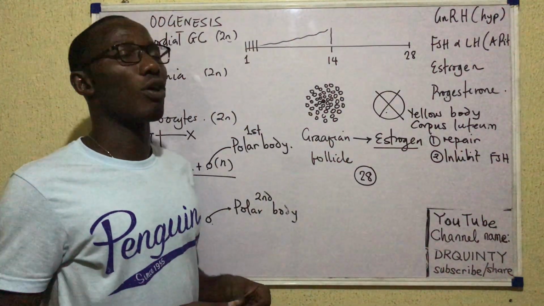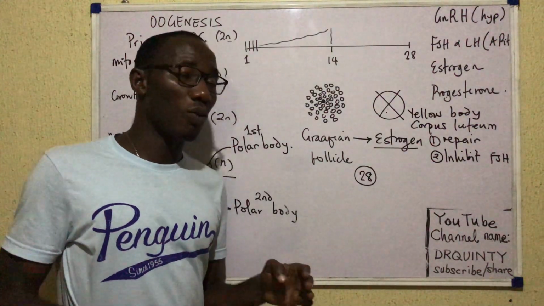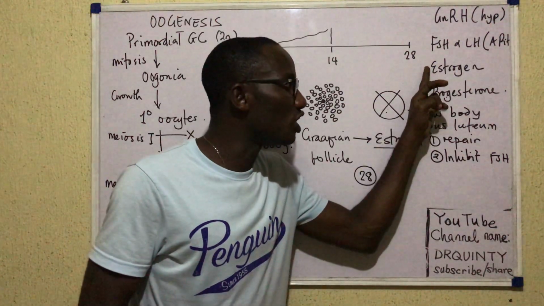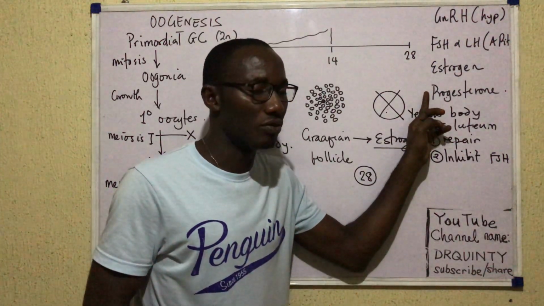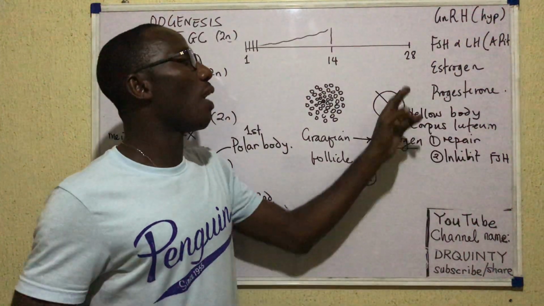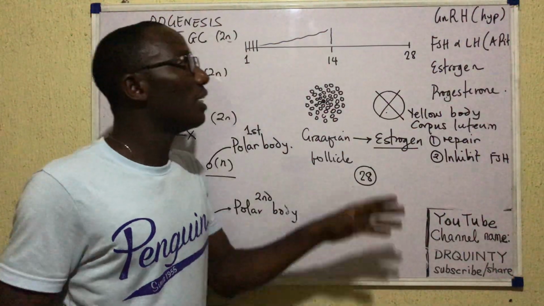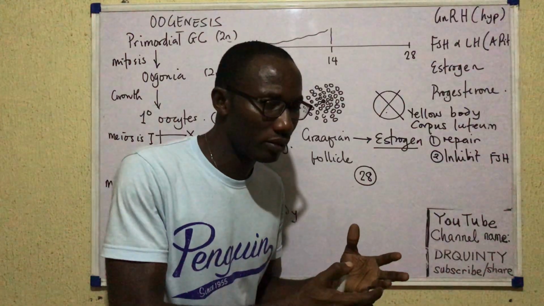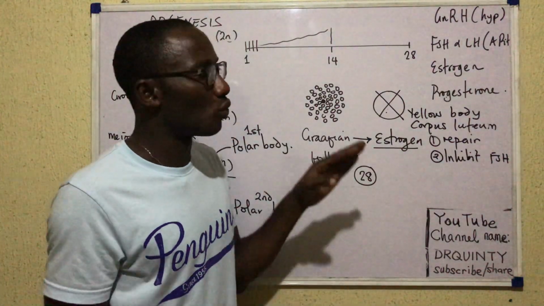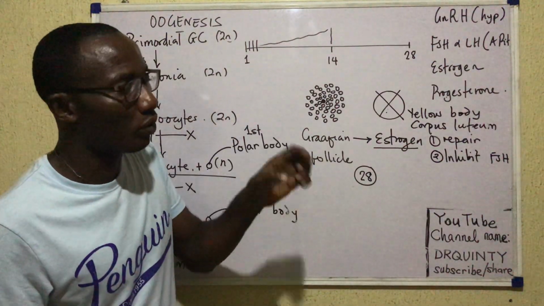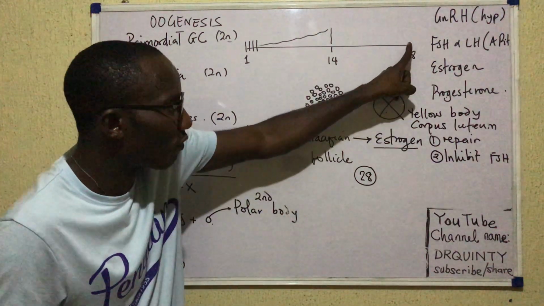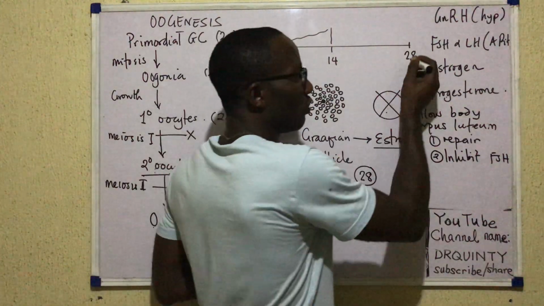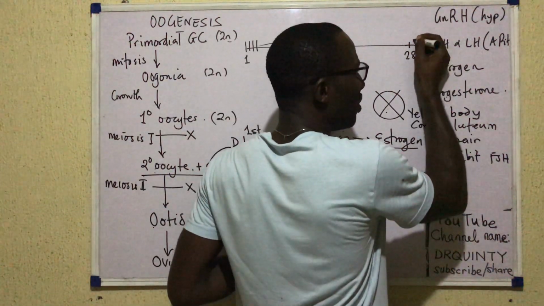Once the corpus luteum goes away, levels of estrogen and progesterone will fall. And once their levels fall, the wall that they had been preparing all the while no longer stands. So the wall begins to fall, the wall sheds. Of course, remember we're on day 28. So once there's shedding of the wall, that takes us into a new cycle.